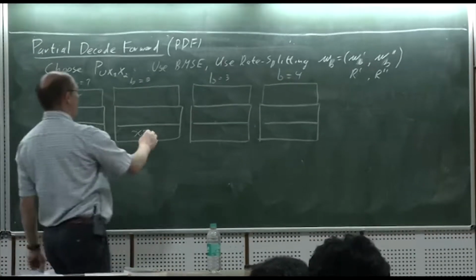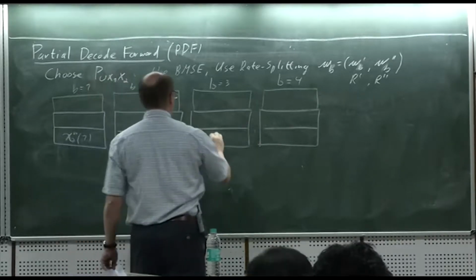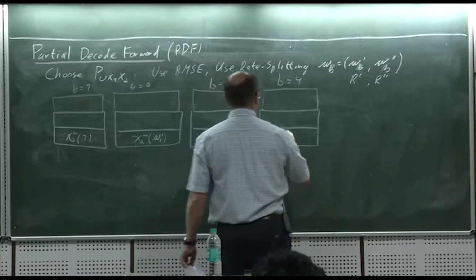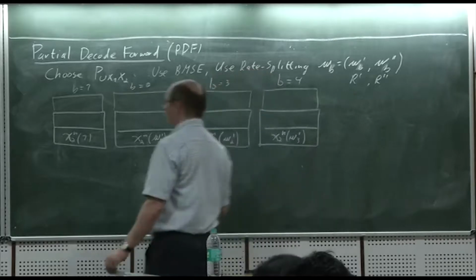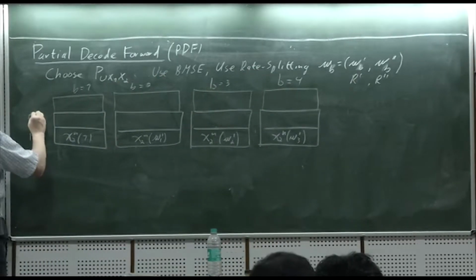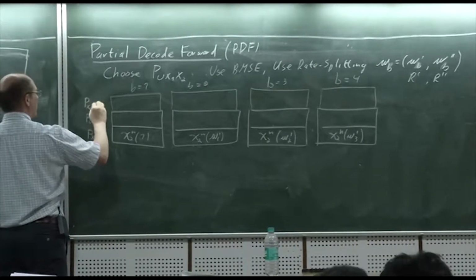So here we'll get W1 primed, X2^n, W2 primed, X2^n, W3 primed. We do superposition coding in the usual way. We'll start with P(X2), then we'll do P(U | X2), and then we'll use P(X1 | U, X2).